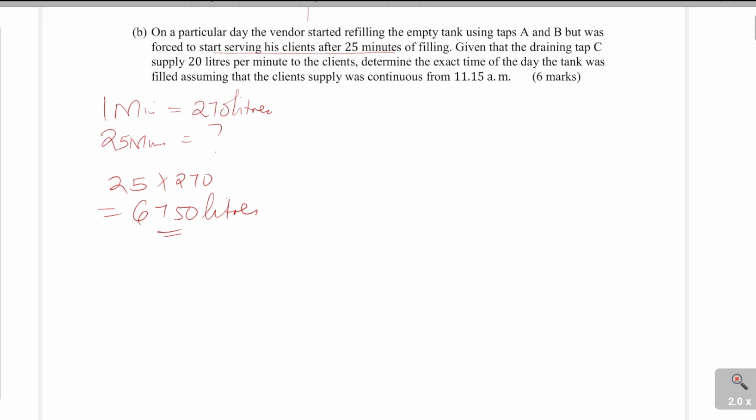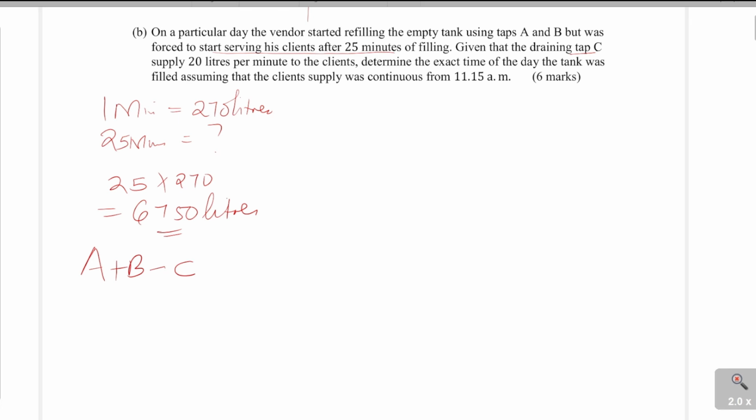So the question is, given that the draining tap C is the one that removes, it drains, so because it is draining, we have to subtract. Now to get the new rate of flow when A, B, and C are running: A and B are filling the tank, but C is draining.